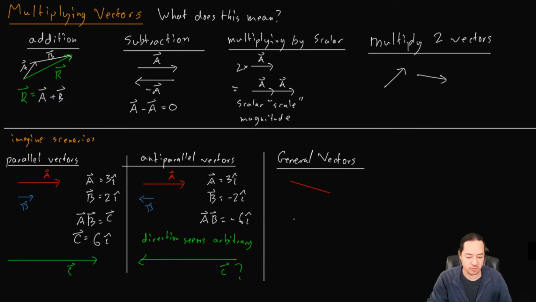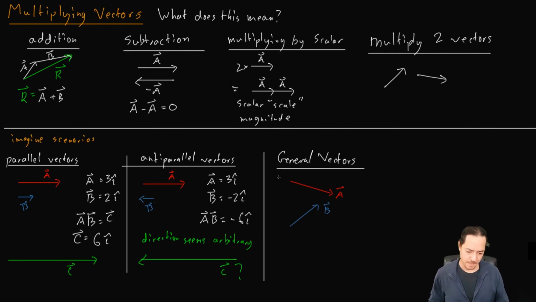Let's make it a little bit bigger. Something like that. So let's call this vector B, and this one over here is going to be vector A. So we've got two general vectors. How can we possibly multiply these two together in a way that makes sense, that builds on what we were developing with the parallel or antiparallel scenarios?